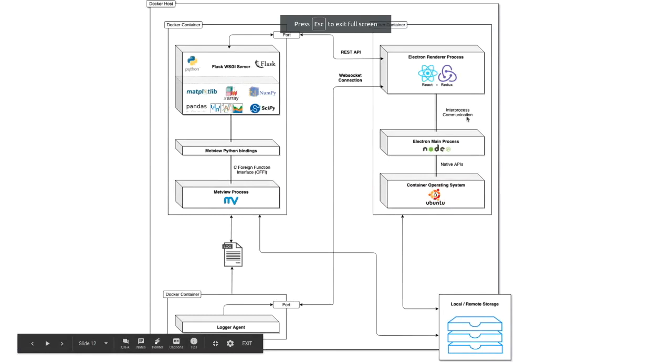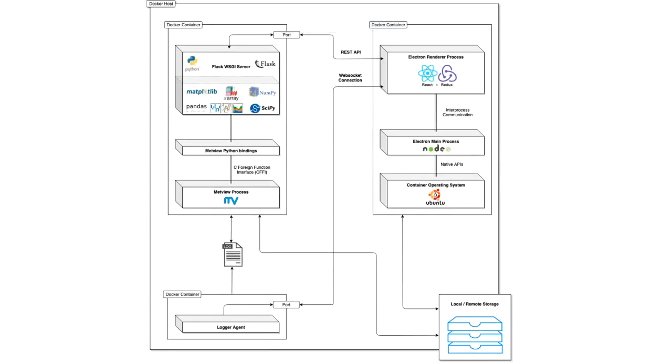A brief note about the software architecture. The entire software suite is running as Docker services inside containers. We have three main containers. The first one is the core of the software, running a web app written in Python.